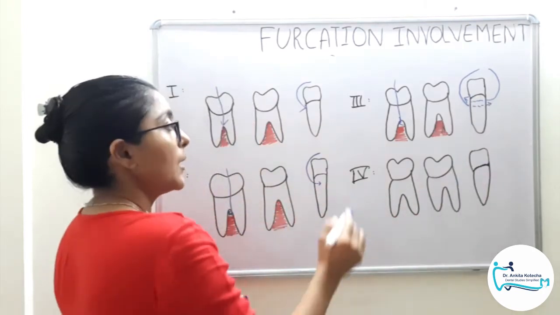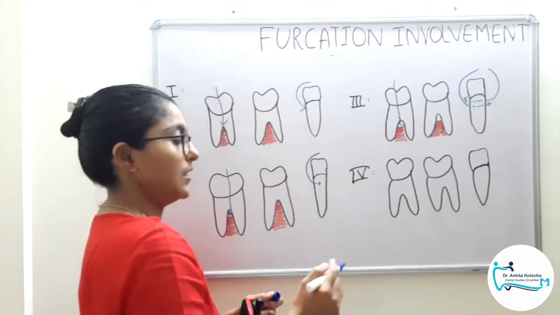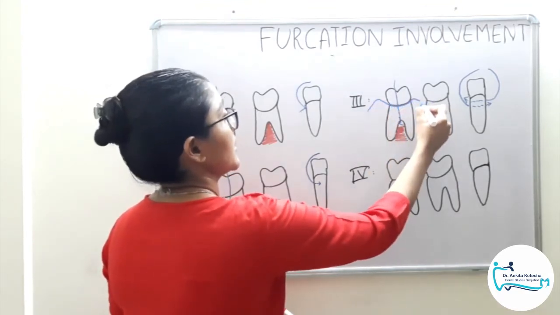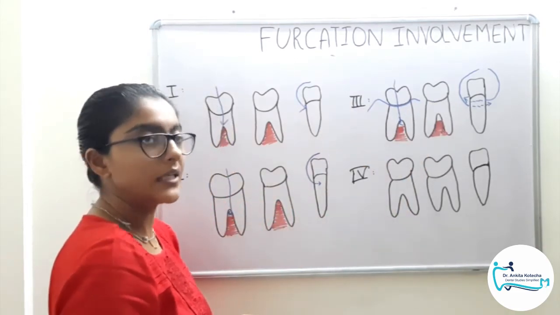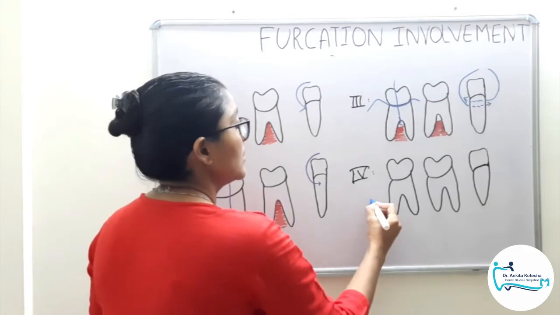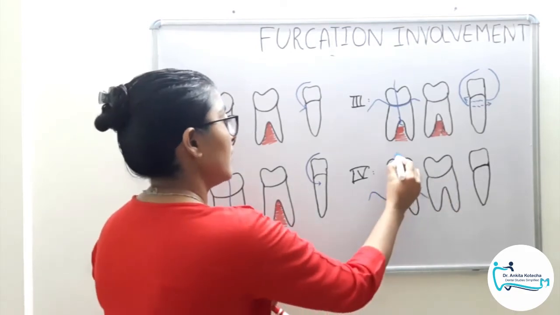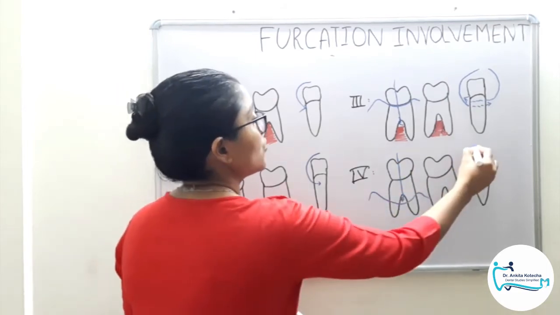Clear? But the difference between grade 3 and grade 4 is the soft tissue level. Here the soft tissue level has covered the furcation. That means the furcation involvement is not visible clinically, whereas in grade 4 the furcation involvement is visible clinically, and so our pocket will enter the furcation and go through and through.